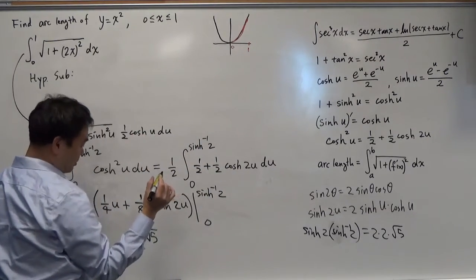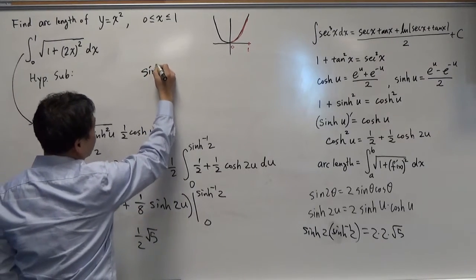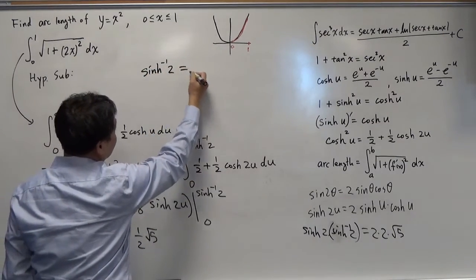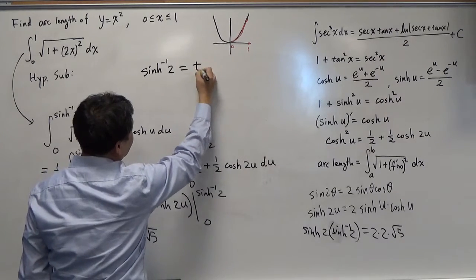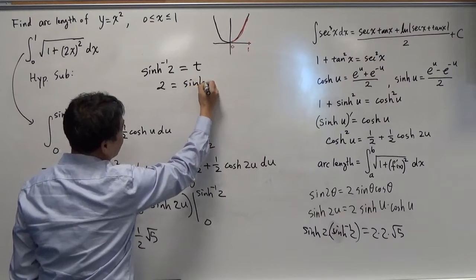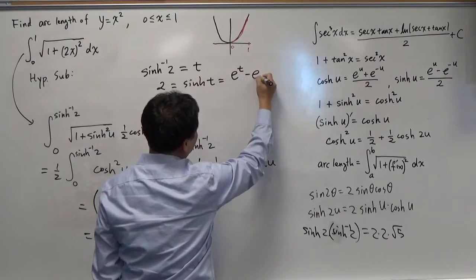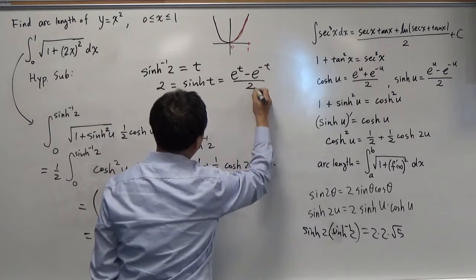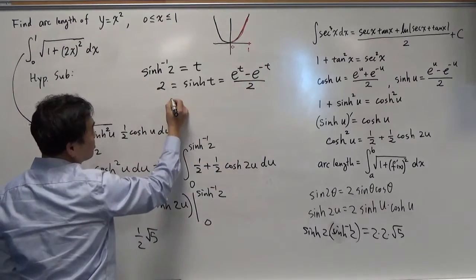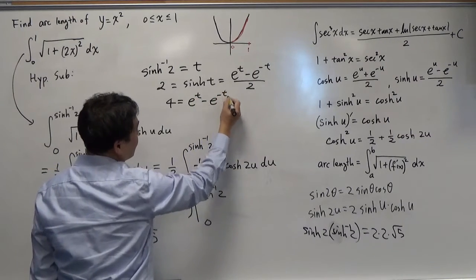Because sine hyperbolic inverse of 2, if this is equal to, let's say, t, then 2 is equal to sine hyperbolic of t, which is e to the t minus e to the negative t over 2. And you can bring this over here, so it's 4 equals e to the t minus e to the negative t.